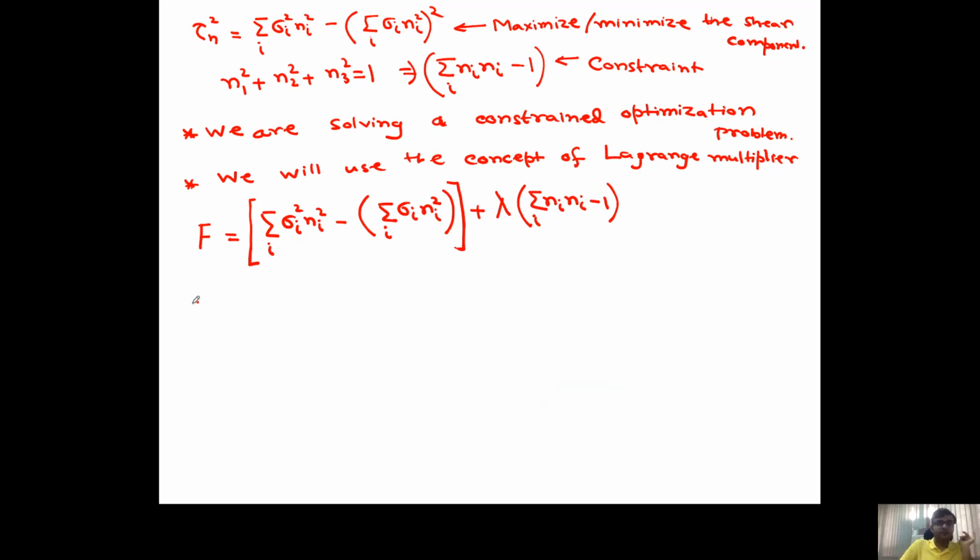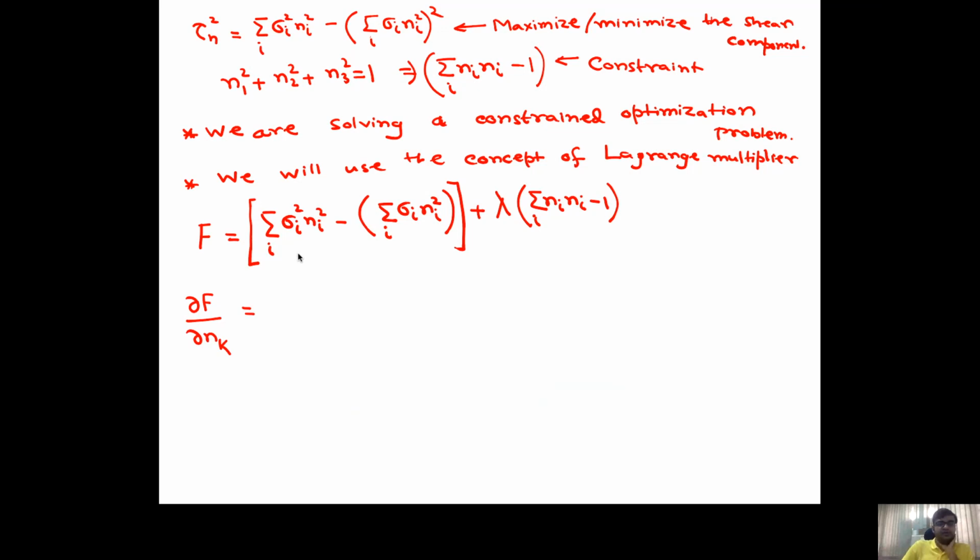So what am I going to do? I am going to take the derivative with respect to the direction cosine, an arbitrary direction cosine nk, where k can take the value 1, 2, and 3. So let us see how it looks. Sigma i is not a function of ni, so it will act as a constant.